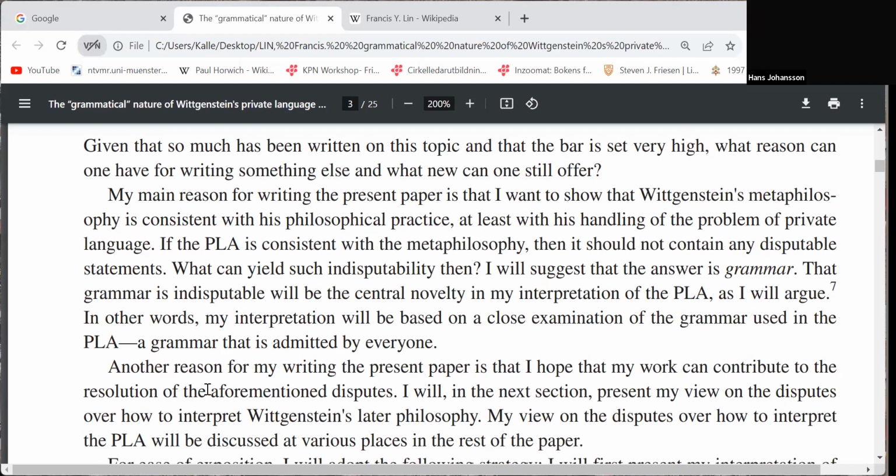That grammar is indisputable will be the central novelty in my interpretation of the PLA, as I will argue. In other words, my interpretation will be based on a close examination of the grammar used in the PLA, a grammar that is admitted by everyone.